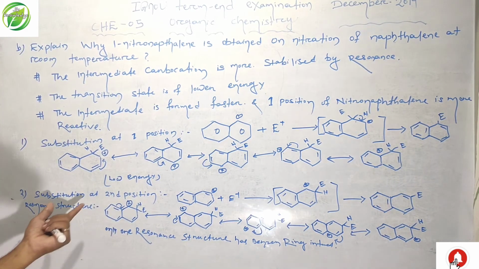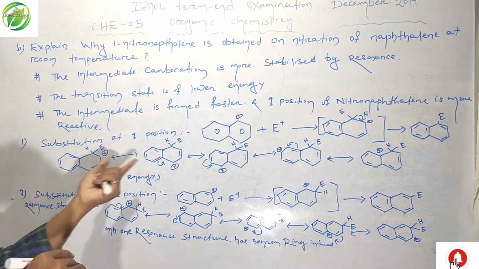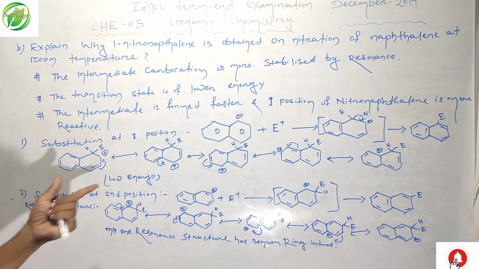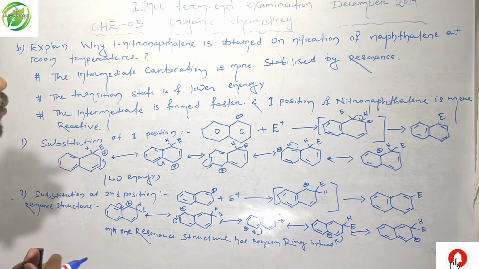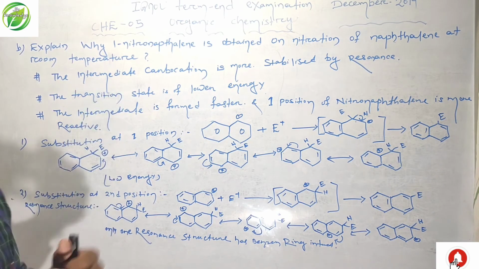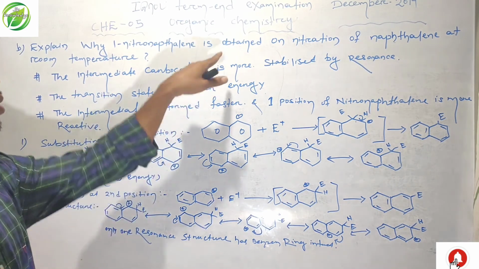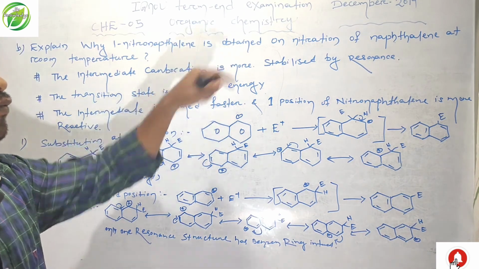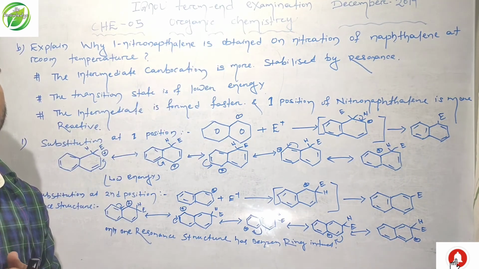So friends, we conclude the 1 position gives a lower energy and more stable intermediate carbocation. So 1-nitronaphthalene is obtained on nitration at room temperature.